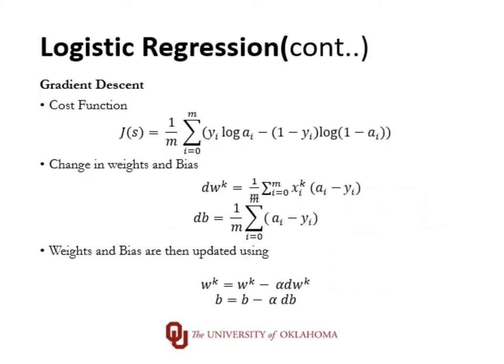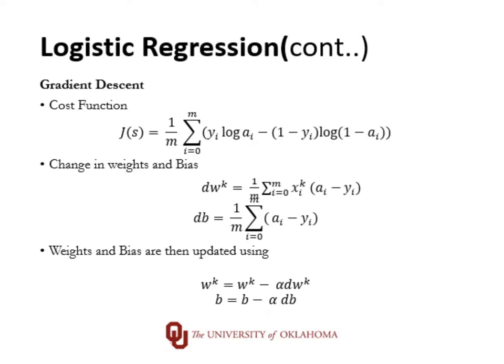We also need to find the gradient descent. The gradient descent is used to update the weights corresponding to each attribute as well as the bias. It is an iterative optimization algorithm which finds the minimum of a differentiable function. To minimize the cost function, the gradient descent corresponding to each weight is calculated, where m is the number of examples in the training set, yi is the label of the given example, and ai is the predicted label.